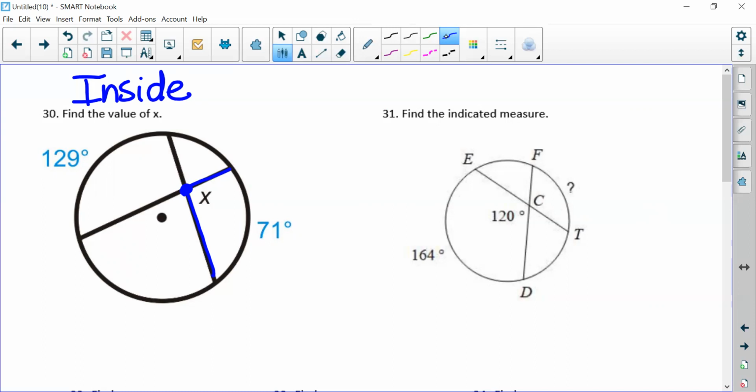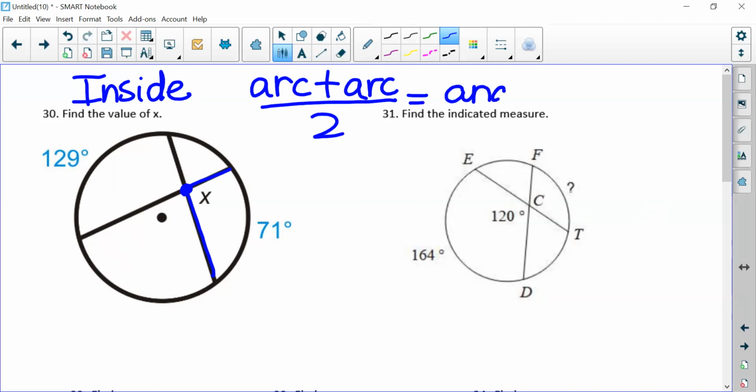Our formula tells us we do arc plus arc divided by 2 to find the measure of an angle that has a vertex inside the circle, okay? So look, the measure of this larger arc is 129, and the measure of the smaller arc is 71.